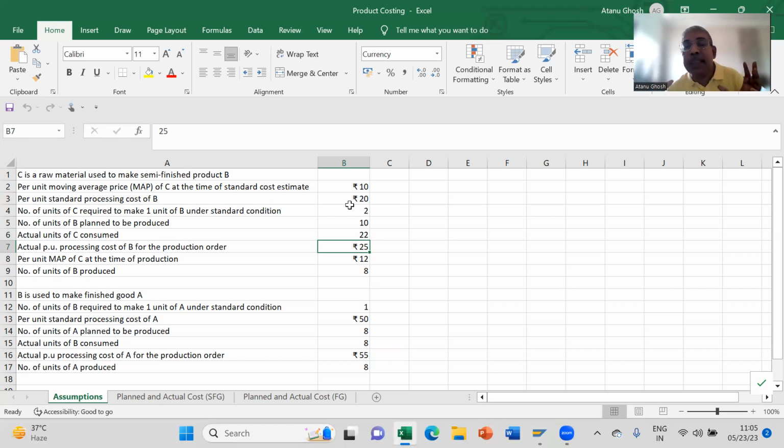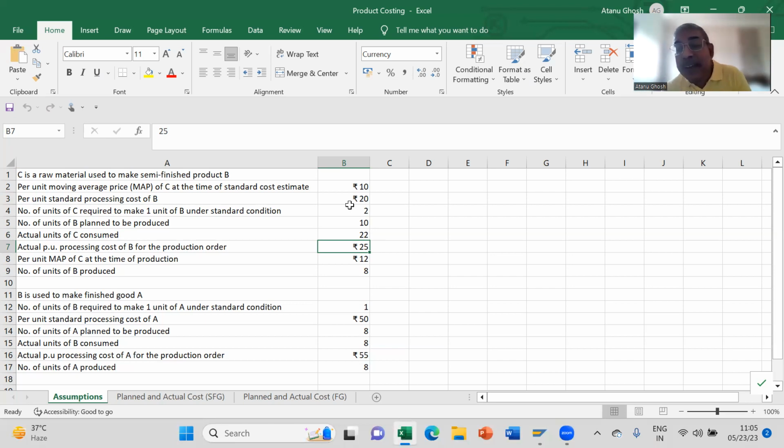Actual time multiplied by the standard rate gives you the actual processing cost. Note that you will never get the actual rate. The closest you can get is the actual time multiplied by the standard rate.